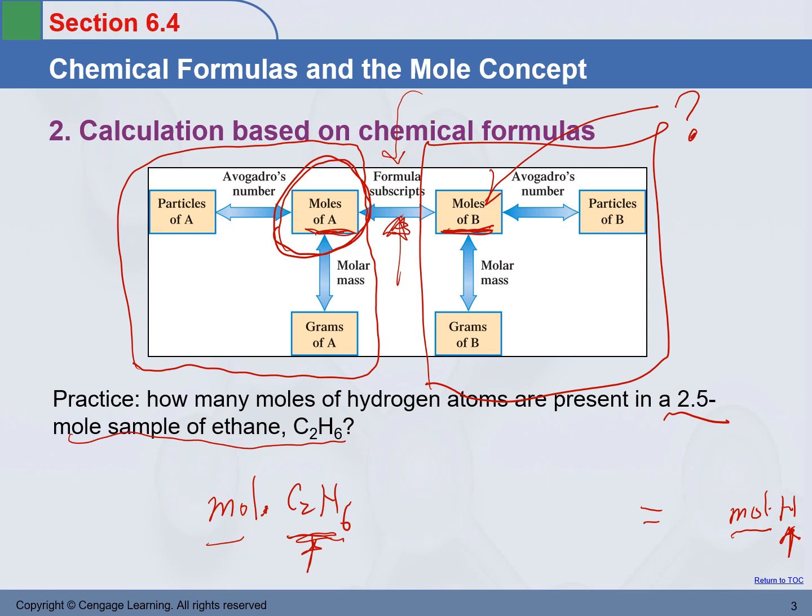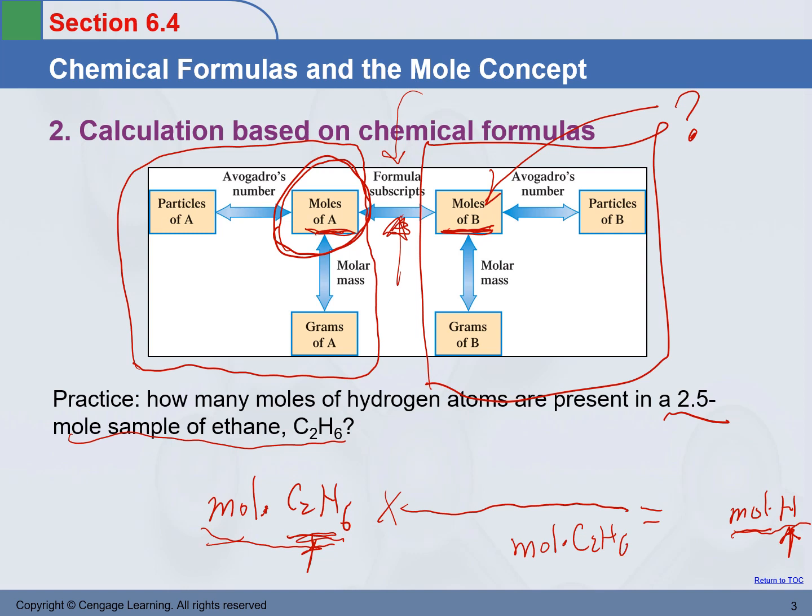Well, let's move back to our setup. Given unit, moles of ethane; wanted unit, moles of hydrogen. The two units are different. If they're different, you need a conversion factor. You need to make sure the unit of the given information is at the bottom of the conversion factor.